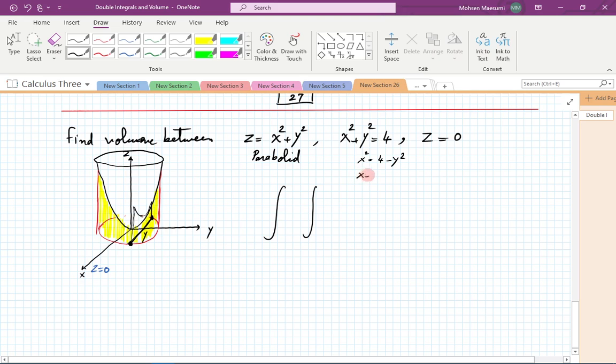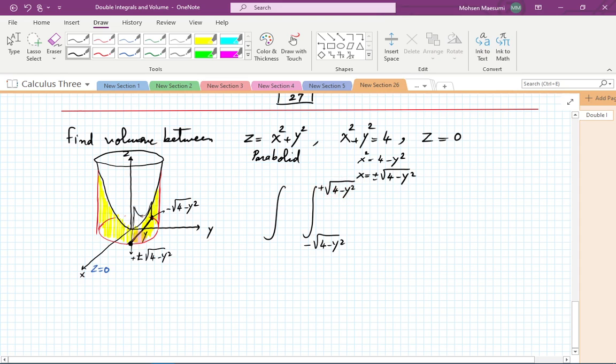If I take a square root of this, I get plus or minus the square root of 4 minus y squared. So this integral starts from minus radical 4 minus y squared to plus radical 4 minus y squared. That's my inner integral.